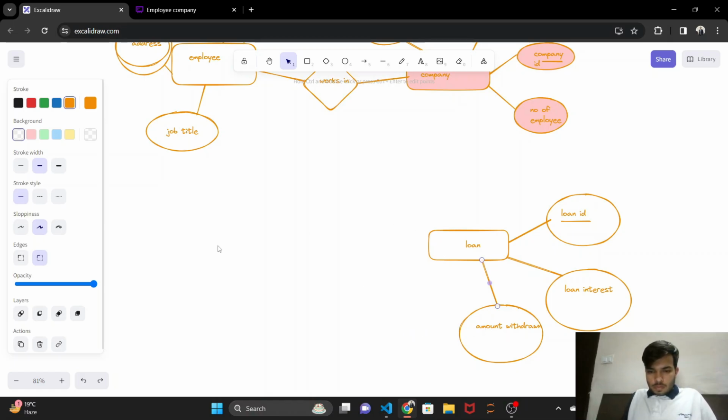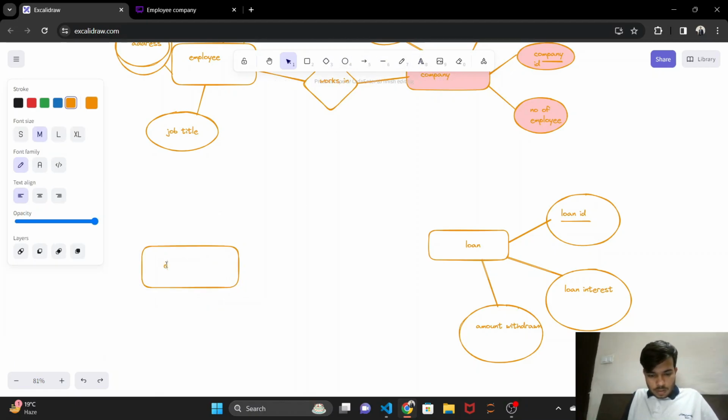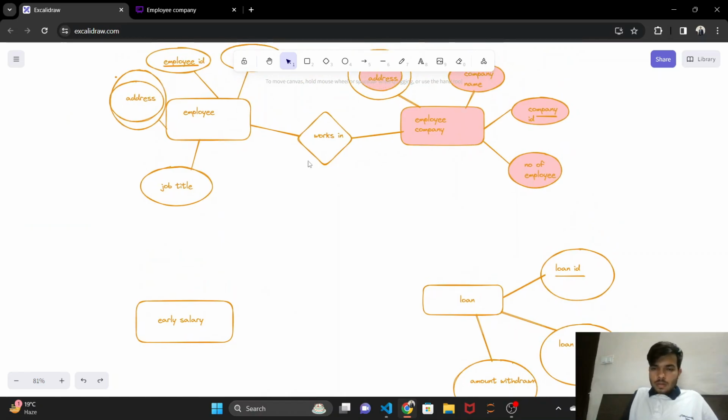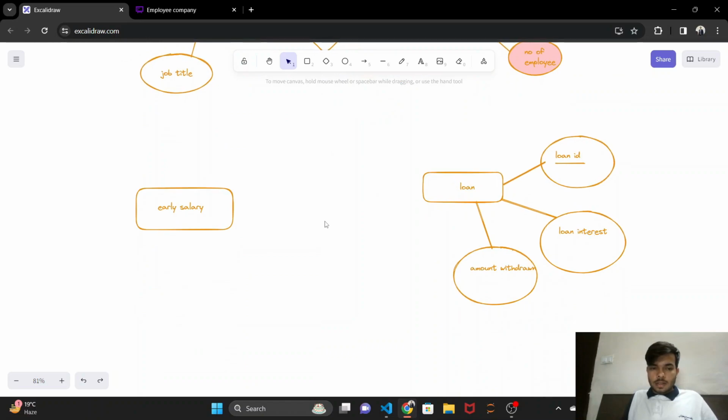So now we will be having another entity, that is about company early salary. This is employee's company in which employee is working, and this is early salary, which will be providing funds to employee according to his needs.